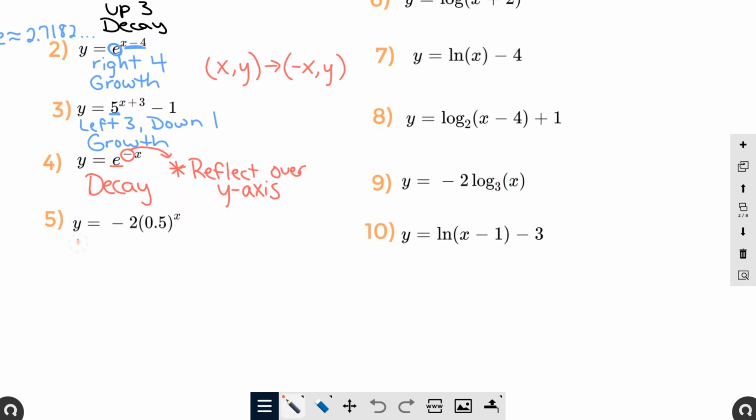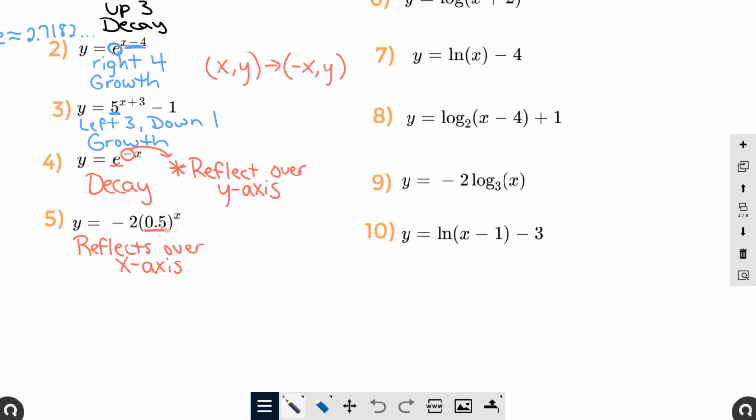That's right. Now this one down here, it reflects over the x-axis because the negative is in the front. Does it move left or right? Or up or down? No, because there's no additional plus with the x. There's no additional plus at the end. Would this be a growth or a decay?